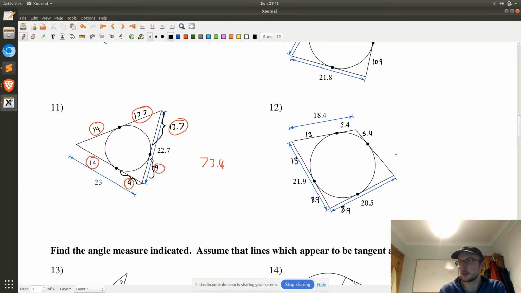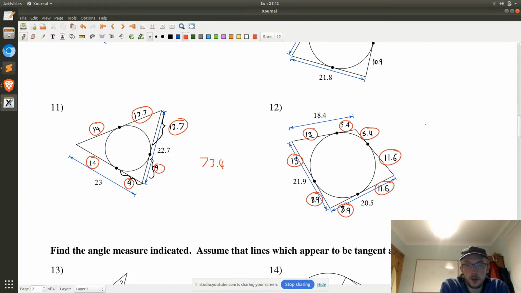So we get 11.6. And that too is 11.6. And then add up every red circled quantity. So 10.8 plus 23.2 makes 34.